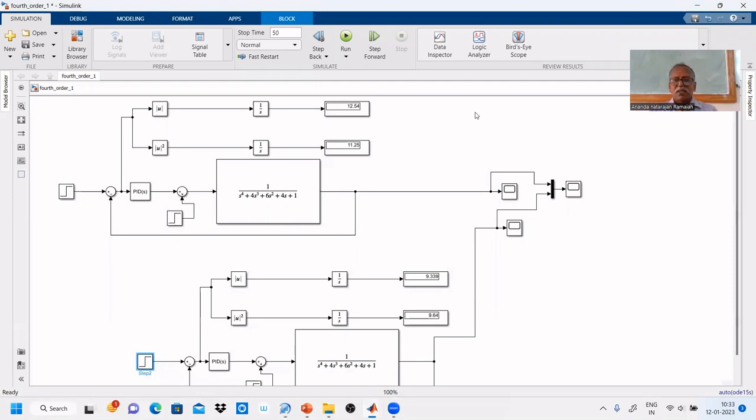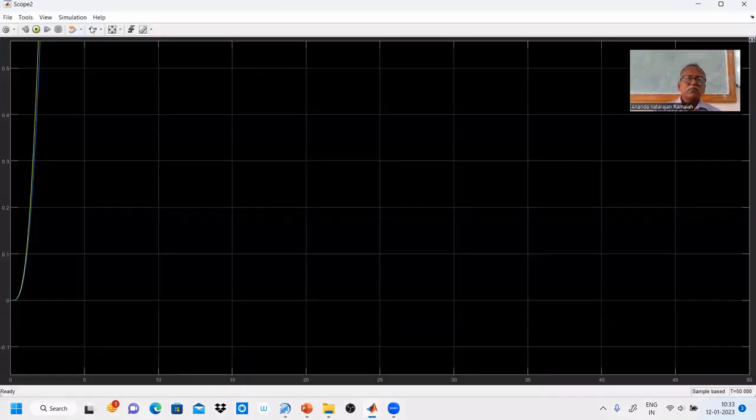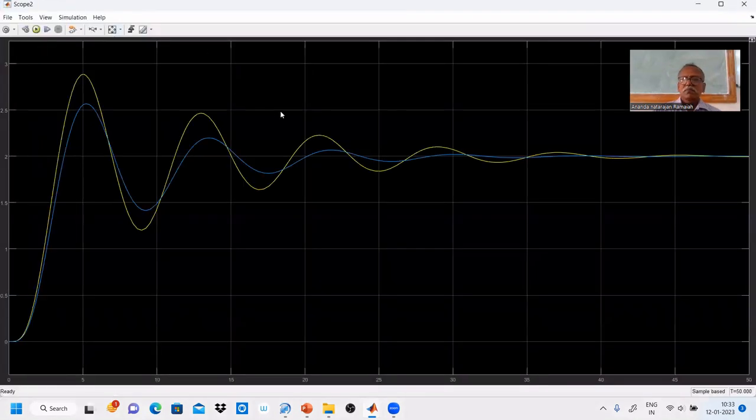Which gives a better response? Both ISE and IAE, the continuous cycling method gives a better response. You see the response here. The continuous cycling method quickly settles. The blue line settles quickly. Already I told you that the continuous cycling method gives better tuning parameters, that you can see in integral mode.